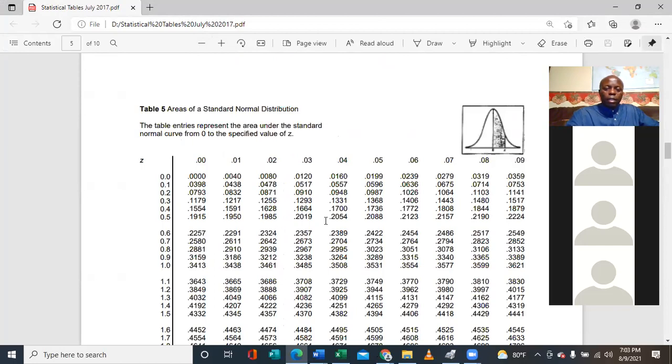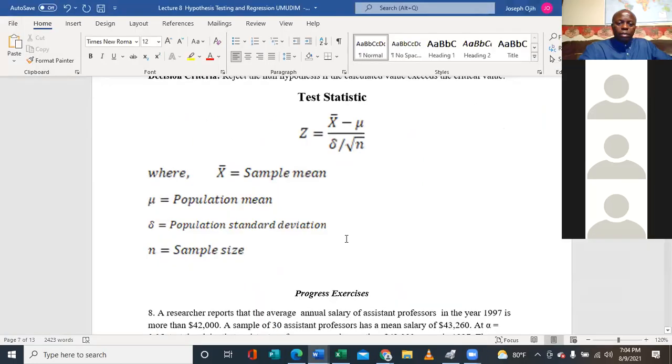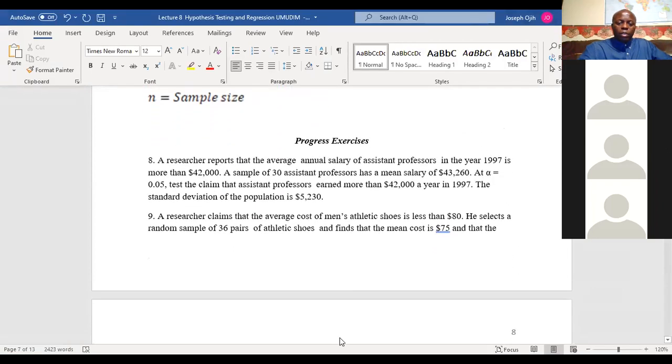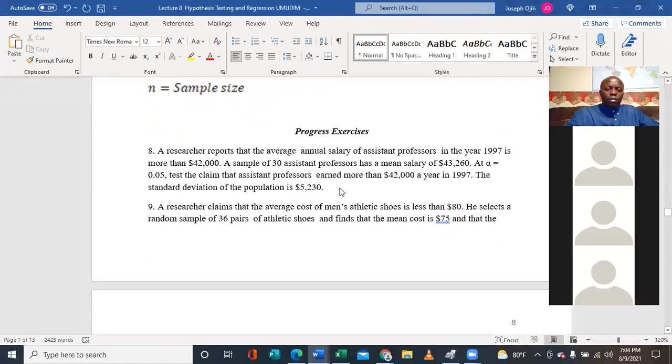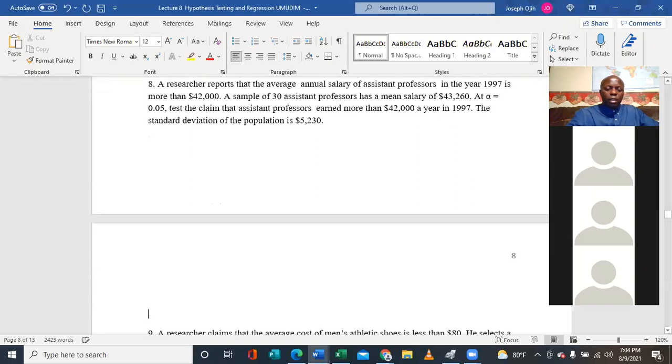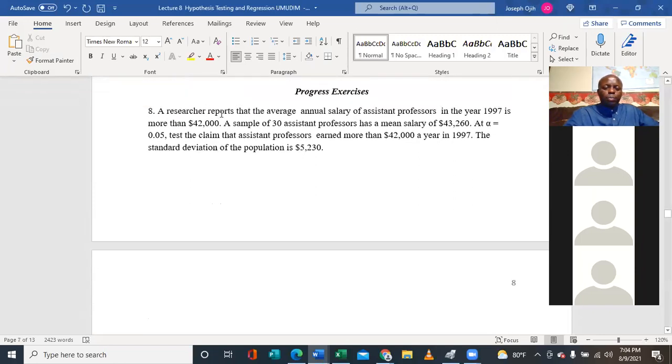So now this is where you get a critical value. Let's try an example of testing hypothesis. Look at this first question here. A researcher reports that the average annual salary of assistant professors in the year 1997 is more than 42,000.